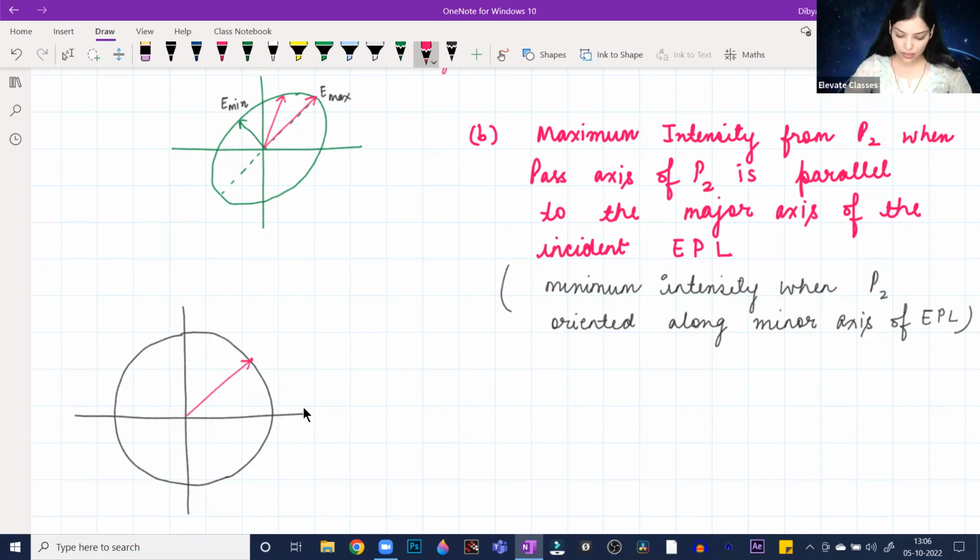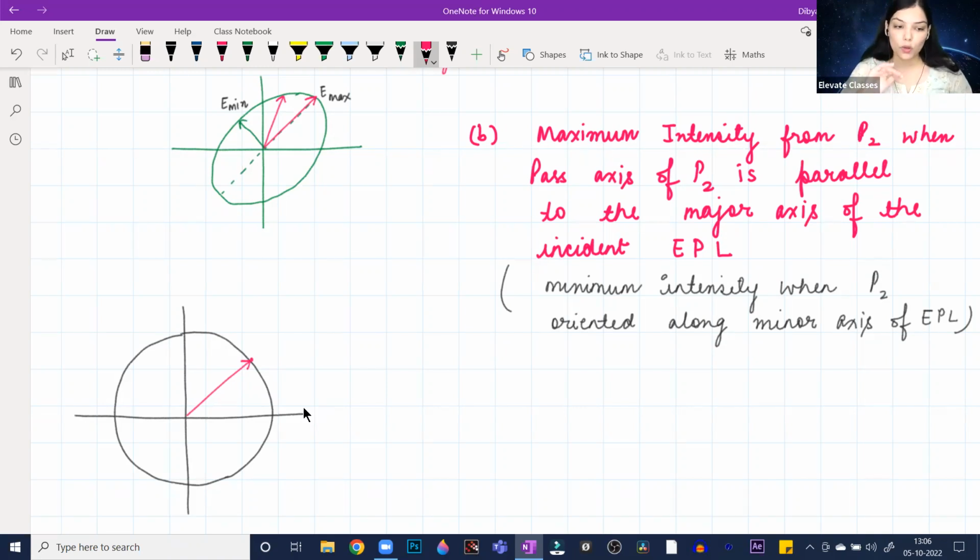Okay, but that doesn't happen in a circularly polarized light because the length of this vector is the same, since it's tracing a circle, so the radius of the circle is the same. So in circularly polarized light, irrespective of how you place your analyzer, you will always get the same intensity. But in elliptical, that will not happen, you will have some maxima and minima.